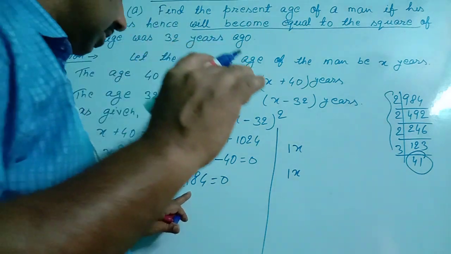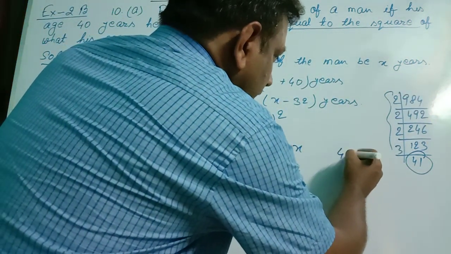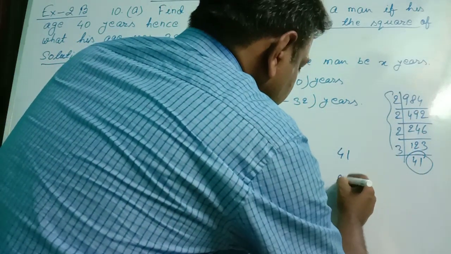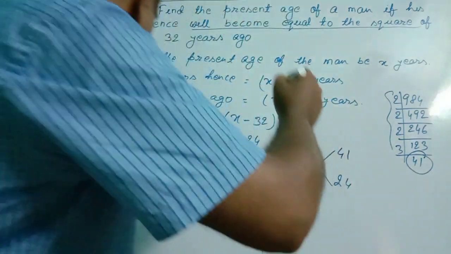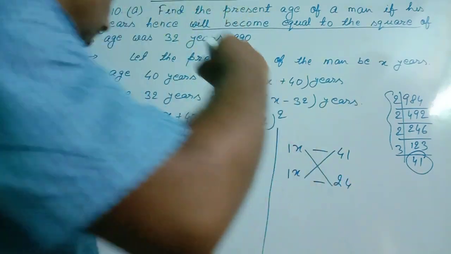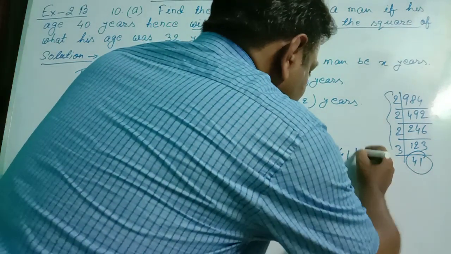Now I shall write these split numbers: first number I wrote 41 and second number 24. Now cross multiplication. Now minus 41 minus 24 equal to minus 65, so both minus signs will come. Now our factors are ready.